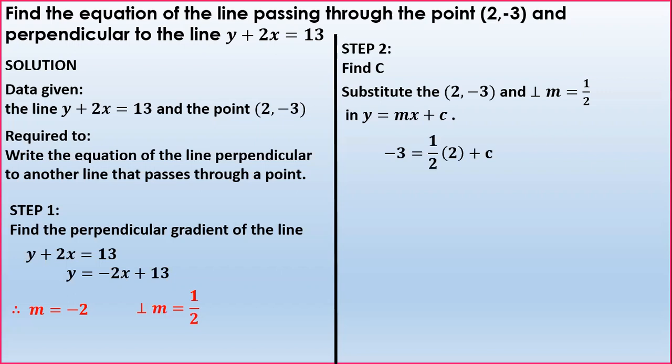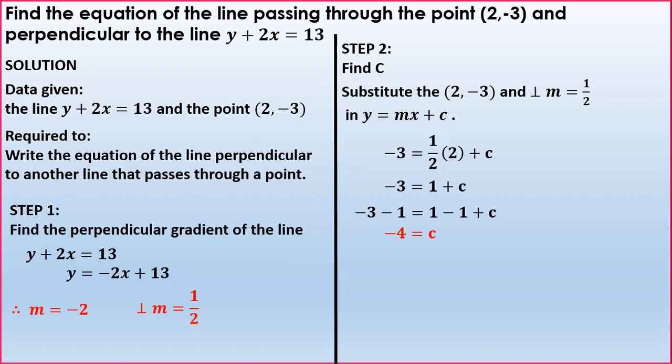We now have -3 is equal to 1/2 times 2 plus c. This implies that -3 is equal to 1 plus c. To make c the subject, we are going to subtract 1 from both sides. Therefore, c is equal to -4.